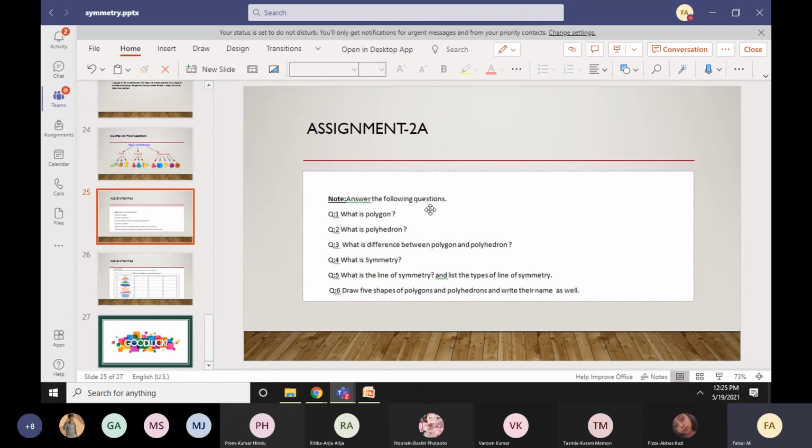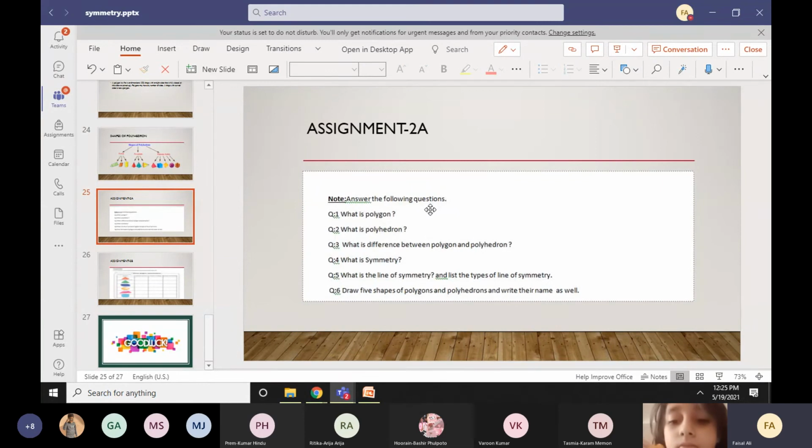Number 2, what is a polyhedron? Number 3, what is the difference between a polygon and a polyhedron? As we have learned, a polygon is a 2D shape and a polyhedron is a 3D shape. We can make a polyhedron with the help of polygons, and we can make a polygon with the help of lines. And question number 4, what is symmetry?